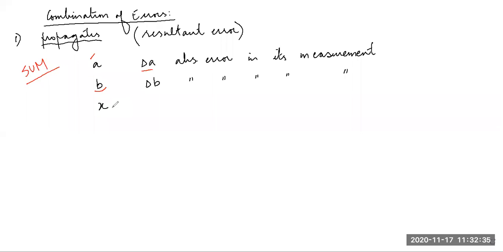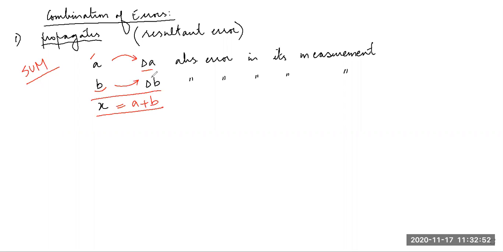Now we want to define X. X is defined as A plus B. I want to add these two quantities. When I add these two quantities, obviously they have their corresponding absolute errors in their measurement.